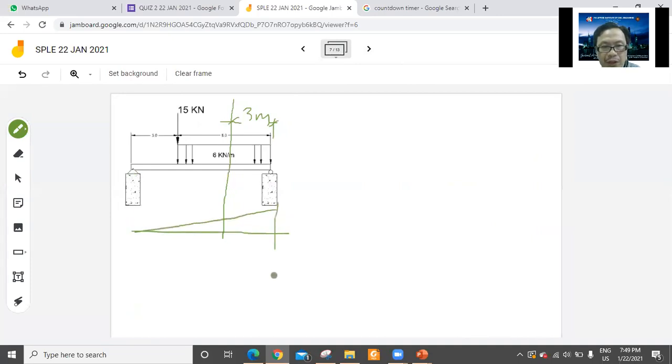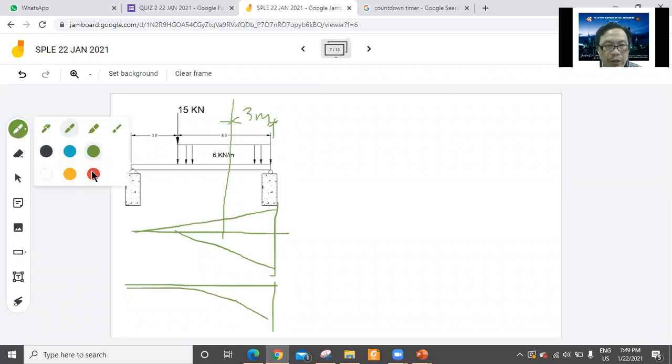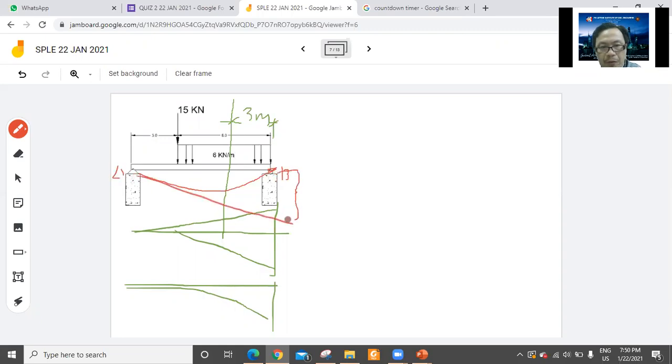First we have this one, and then this one, and then this one. So we are going to calculate the deviation at B here. This is B. Deviation at B from A first.